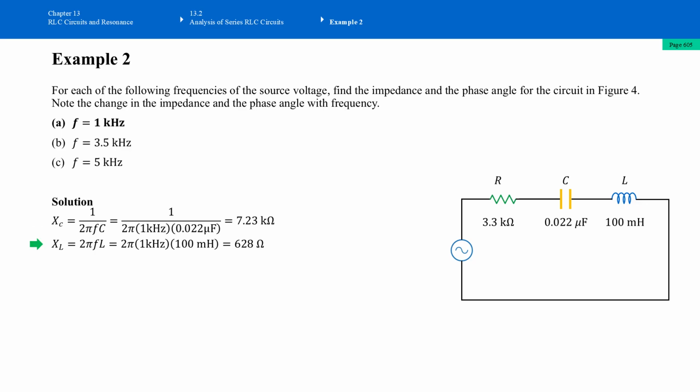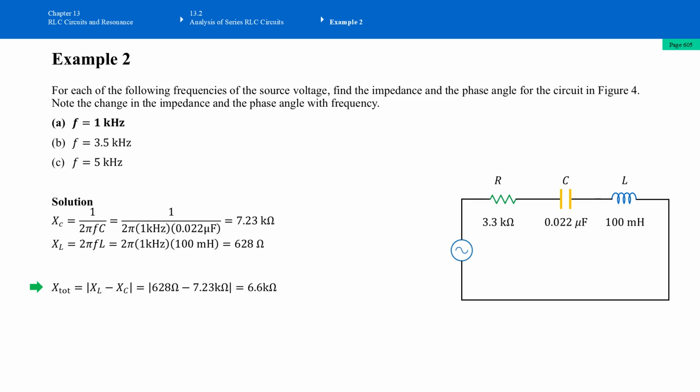And I use the inductive reactance formula. XL is 2 pi FL, that equals 2 pi times 1 kilohertz multiplied by 100 millihenry, which equals 628 ohms. Now let's find the X total of this RLC circuit. X total equals the absolute value of the difference between the two reactances.